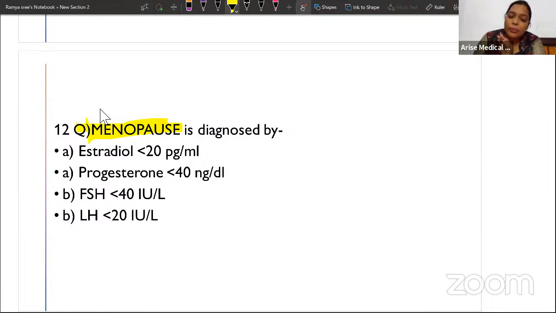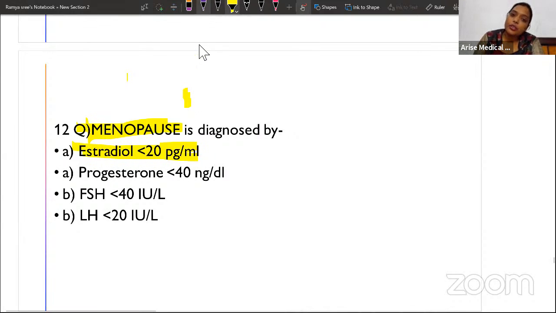In menopause, you have complete follicular depletion. So you have no estrogen. So they have decreased estrogen. Excellent. So estradiol less than 20 picogram per ml is an appropriate statement.